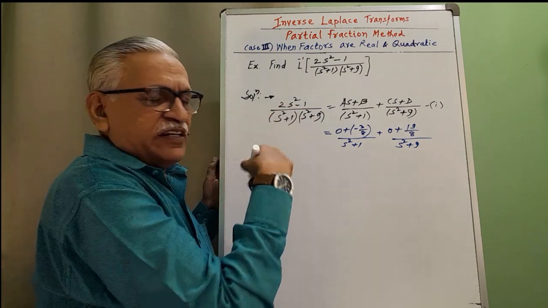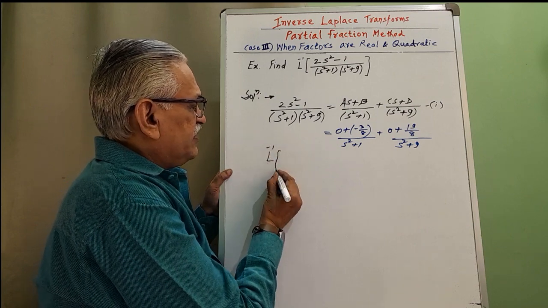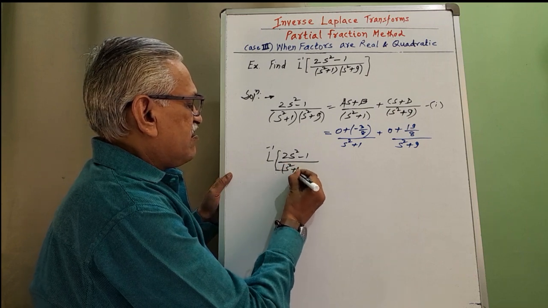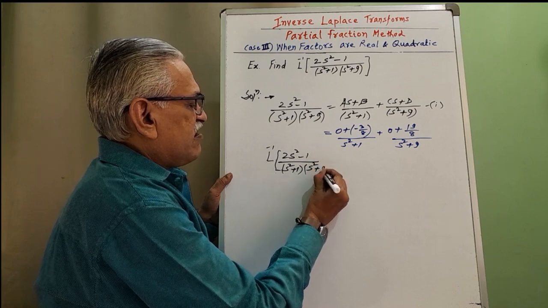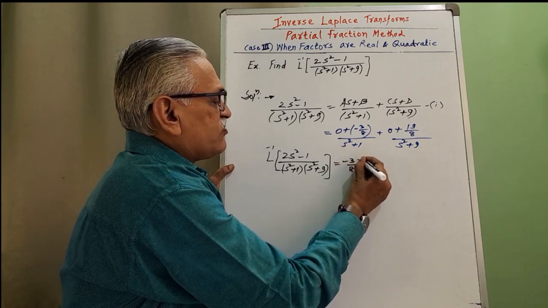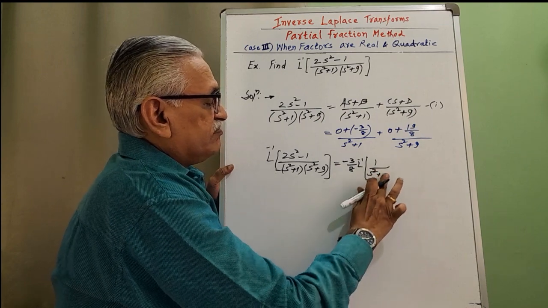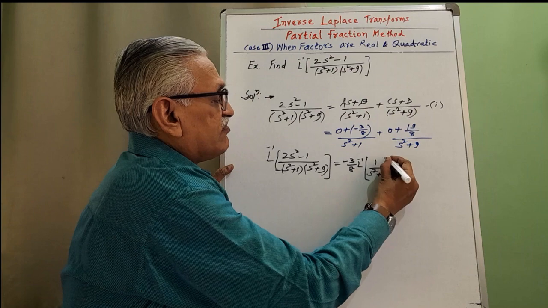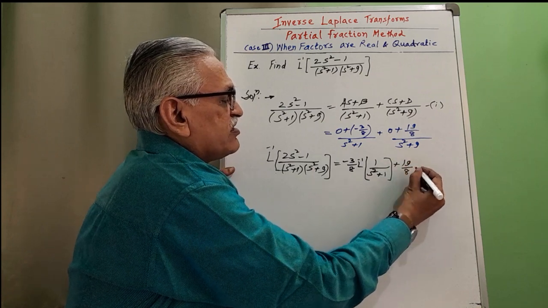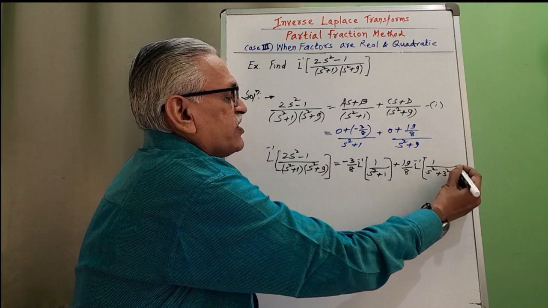And then finding the inverse Laplace on both sides, the inverse Laplace of the left hand side term (2s² − 1) divided by (s² + 1)(s² + 9) is equal to −3/8, constant term outside, inverse Laplace of 1 upon s² + 1, and plus 19/8, constant term outside, inverse Laplace of 1 upon s² + 9, that is 3².